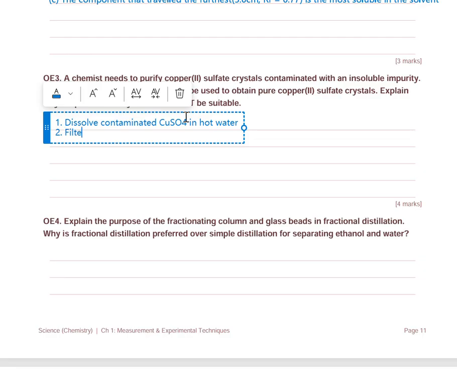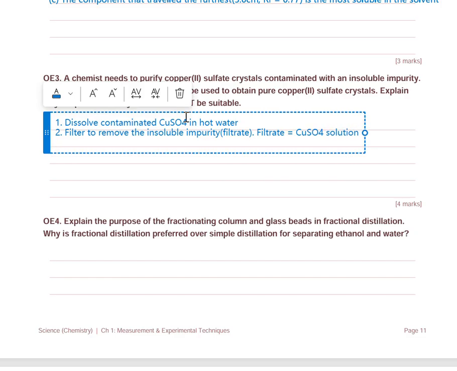You have to filter to remove the insoluble impurity. Okay, this is also known as the filtrate. So you can write down filtrate, because filtrate is actually the scientific term. So filtrate equals CuSO4 solution.